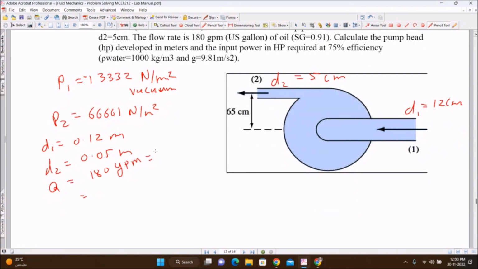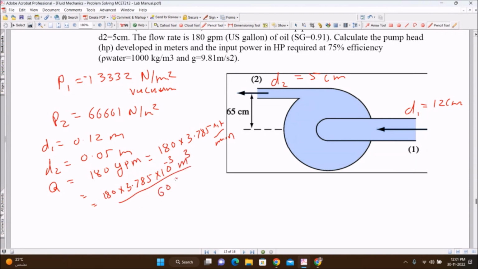It is equal to 180 into 3.785. This is a US gallon. 1 US gallon is equal to 3.785 liter. And minute is as it is. So it is equal to 180 into 3.785 liter, means 10 to the power minus 3 meter cube.